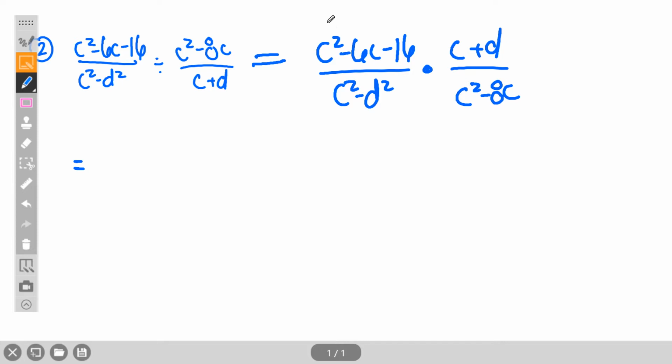Okay, so this right here, negative 8 times 2, negative 8 plus 2, so that factors into c minus 8 and c plus 2.